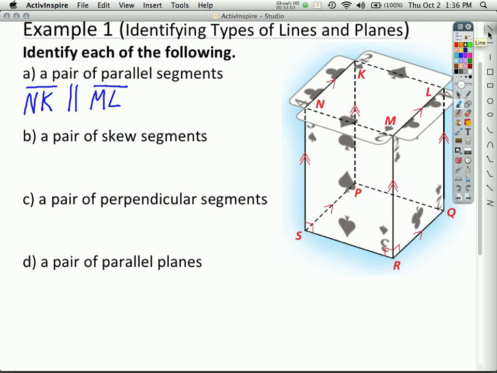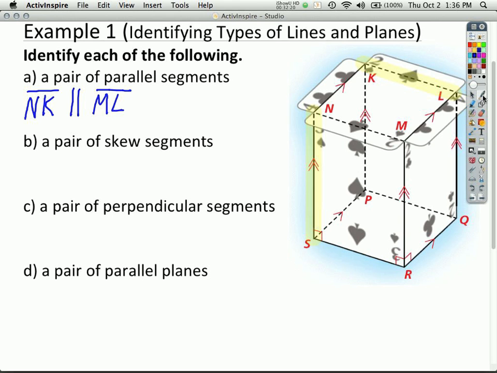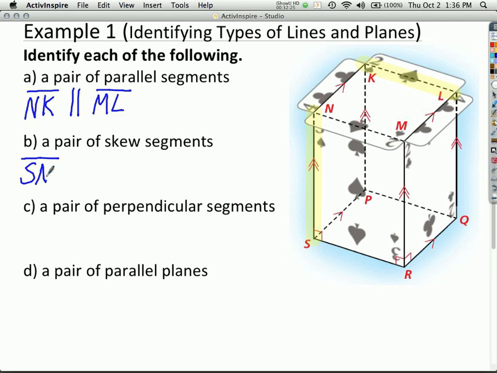Dianara, what's yours? Segment SN and KL. SN and KL are skew. Very good. And so I'm going to call on a few more, but how do you write that? You write segment SN and segment KL are skew. There is no symbol for it.